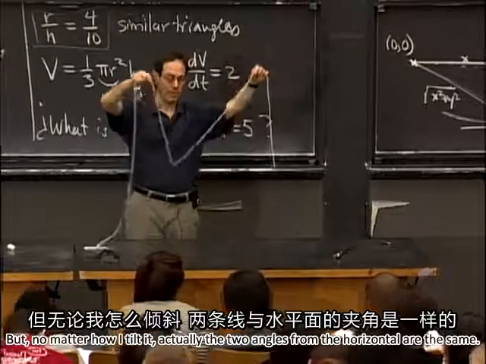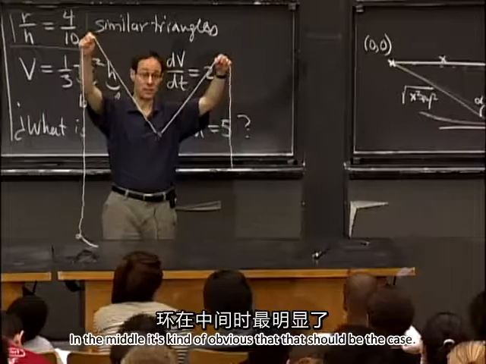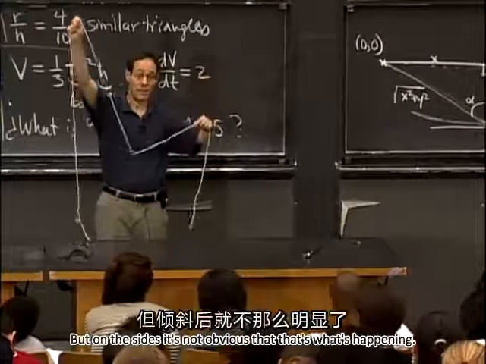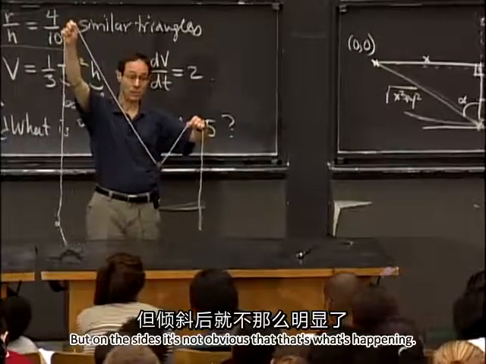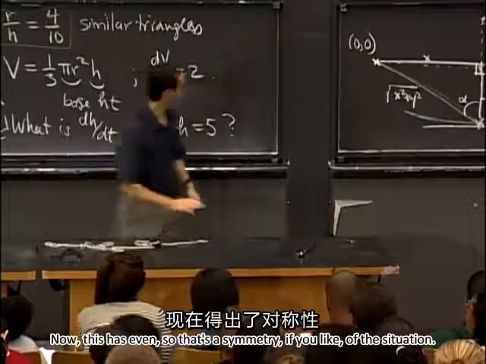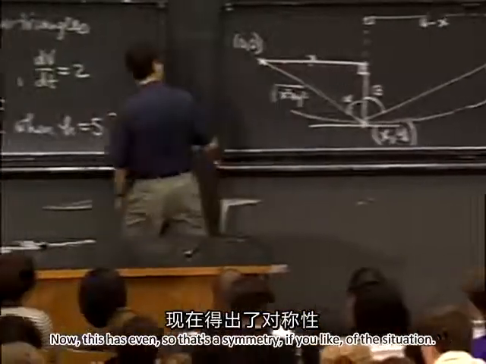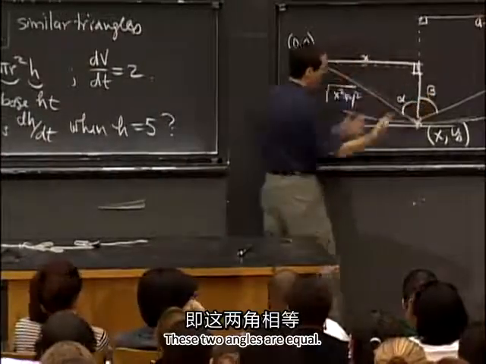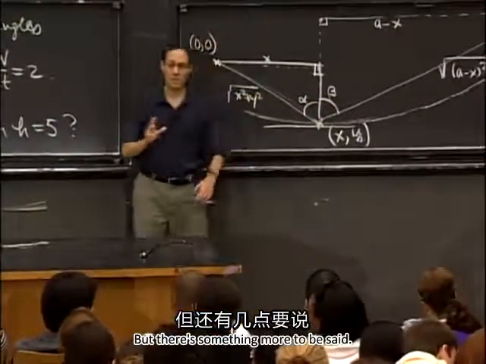In the middle, it's kind of obvious that that should be the case. But on the sides, it's not obvious that that's what's happening. All right, now that's a symmetry, if you like, of the situation. These two angles are equal, but there's something more to be said.